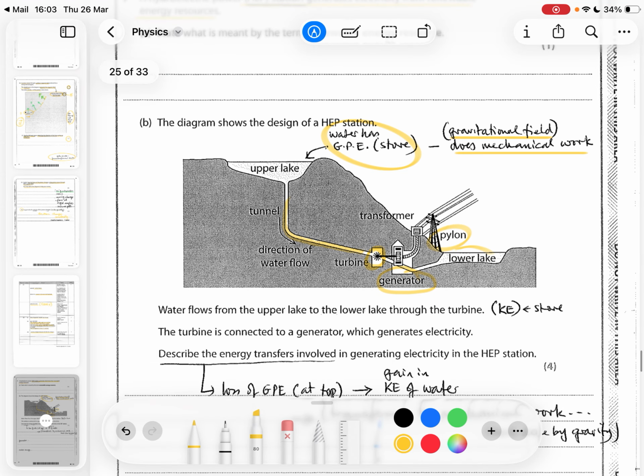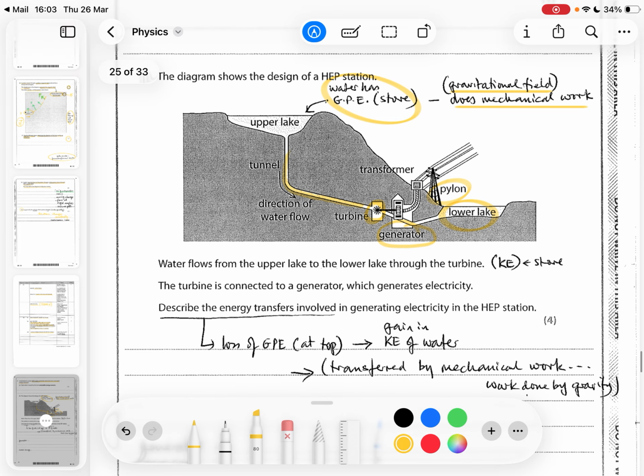And then the water ends up in a lower gravitational potential energy state, where it's less useful in terms of producing energy. Water flows through the turbine, so that changes the gravitational potential energy to kinetic energy. So you've got a store of gravitational potential energy, then it goes into the kinetic energy store as it's moving.